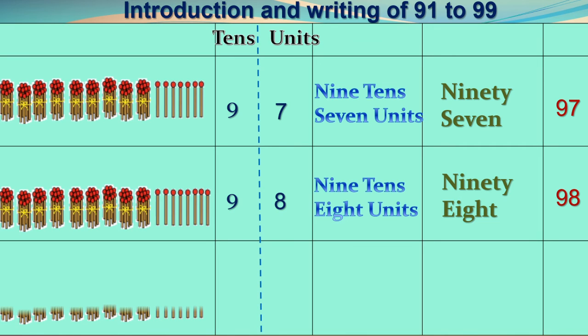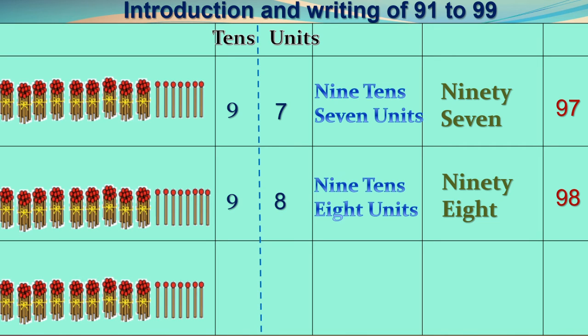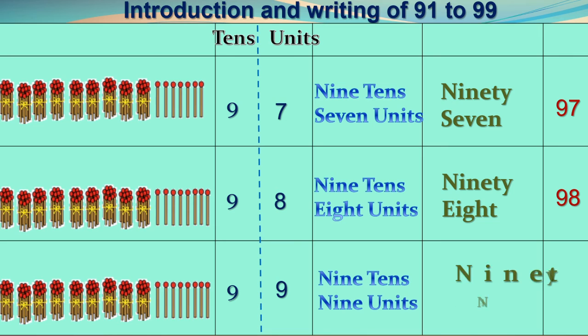Right? Here we are going to add one more stick to 98 sticks. So we got 9 tens and 9 units. In words, 9 tens and 9 units gives us the number 99.